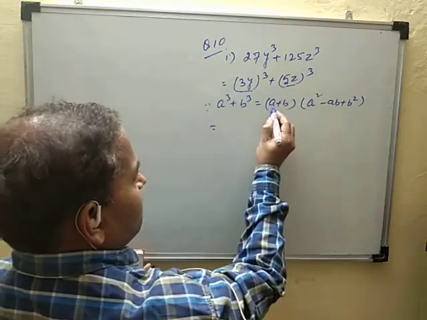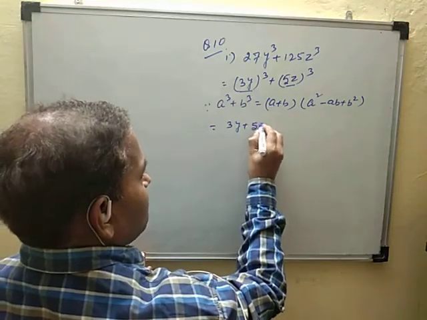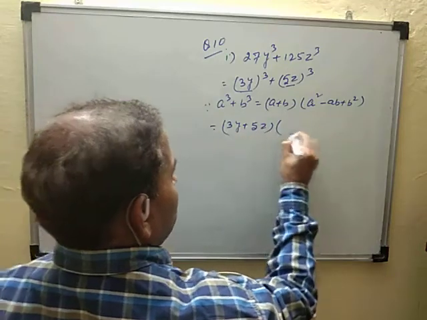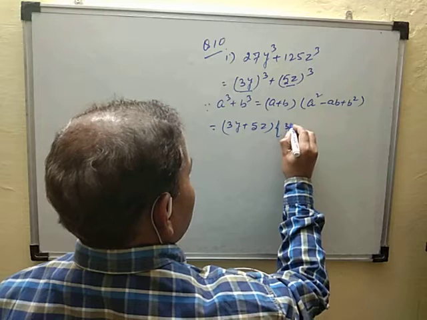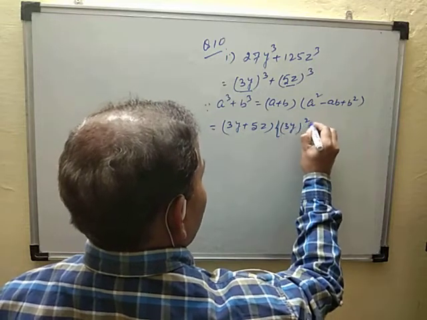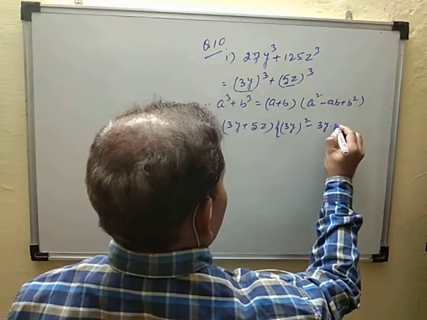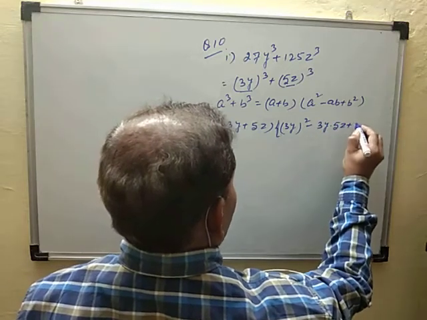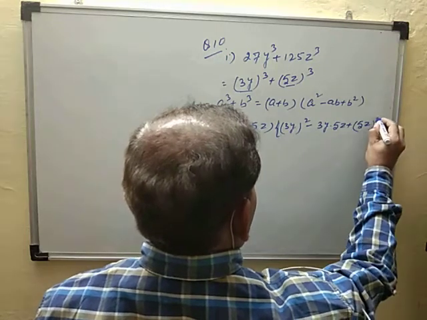So use the identity: a plus b, that is 3y plus 5z, into a square, that is (3y) whole square, minus a, that is 3y, into b, that is 5z, plus b square, that is (5z) whole square.